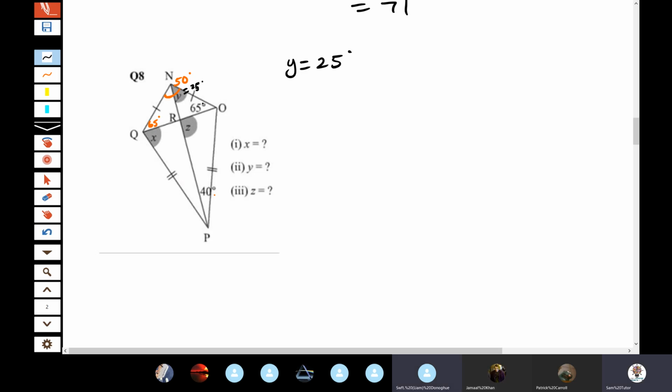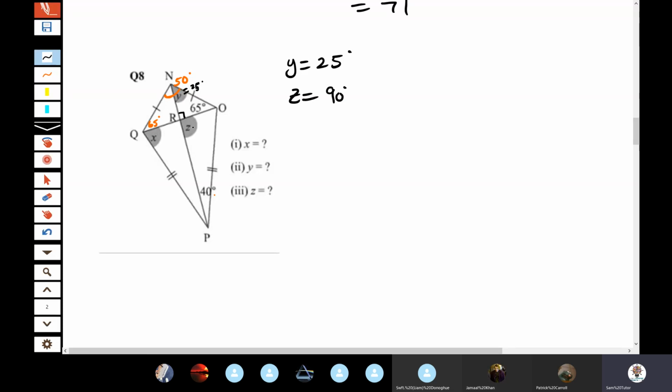And then 25 plus 65 is 90, take away 180, and then that's 90 degrees there. Good. Can you see how now we prove that that's 90? That's perfect. And then z equals? 180 minus 90, which is 90. That's a straight angle. So 180 take away 90, which is also 90 degrees. Good.